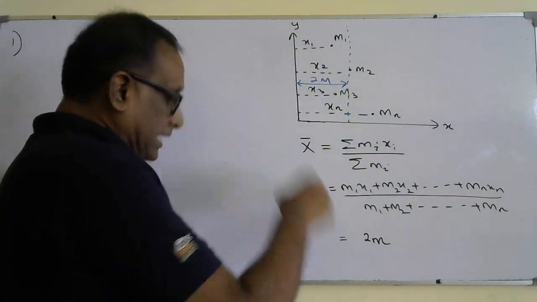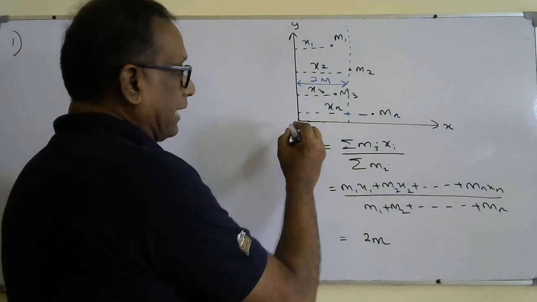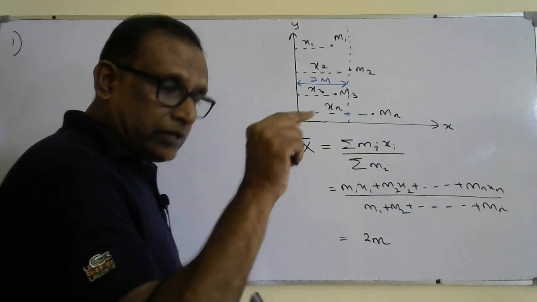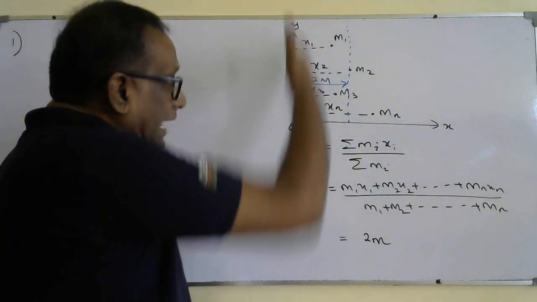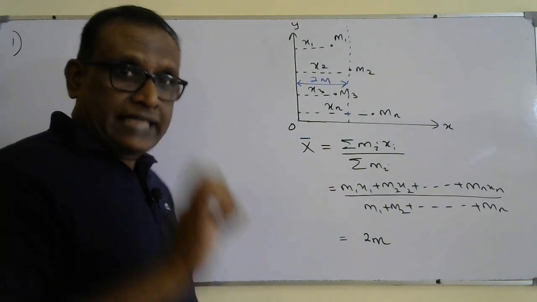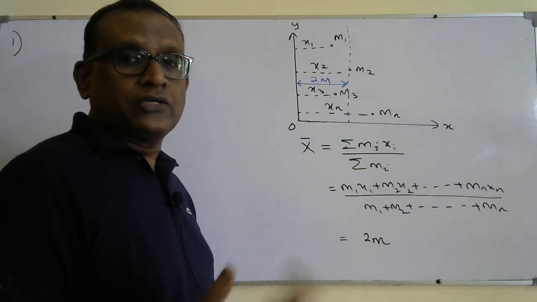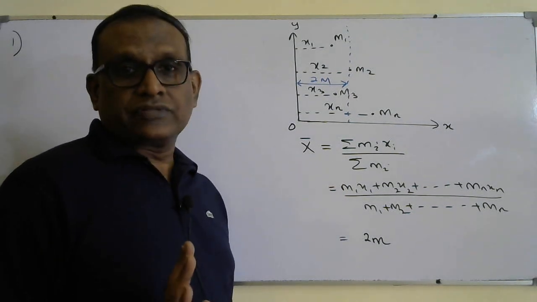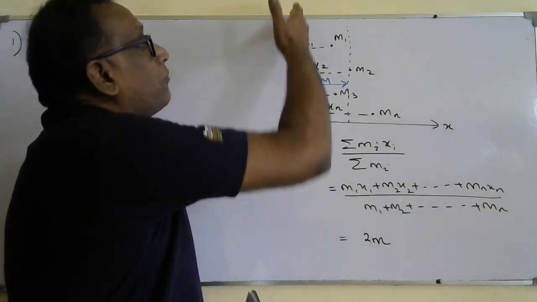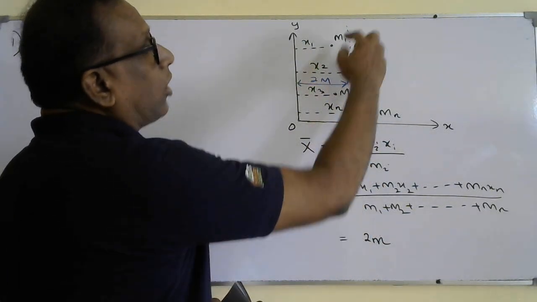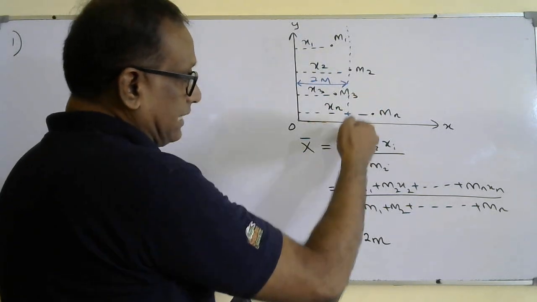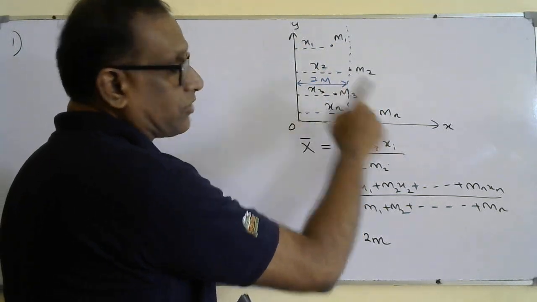If you find the center of mass from a point, something like O, then you can find the actual point of the center of mass. But when you find it from an axis, you can only say the distance of the center of mass from the y-axis. That means the center of mass will be on one of the points on this line which is at 2 meters from the y-axis.